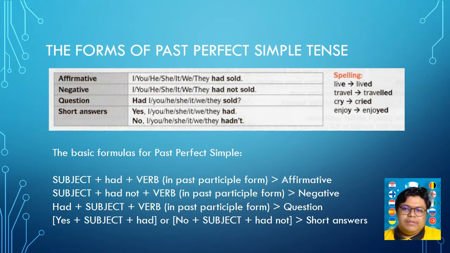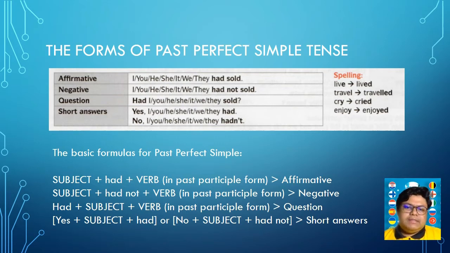Okay, so that is the basic formula. But if another word ends with y, for example like enjoy, why enjoy, we add ed, while cry we change y to i because cry is single syllable word, while enjoy is a 2-syllable word. Okay, so for that we have to add ed. Okay, we don't change the letter y to i.